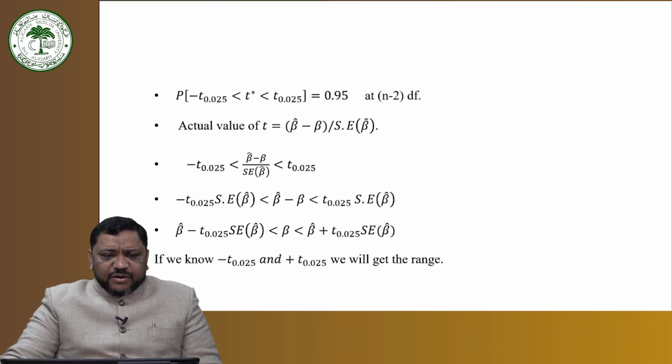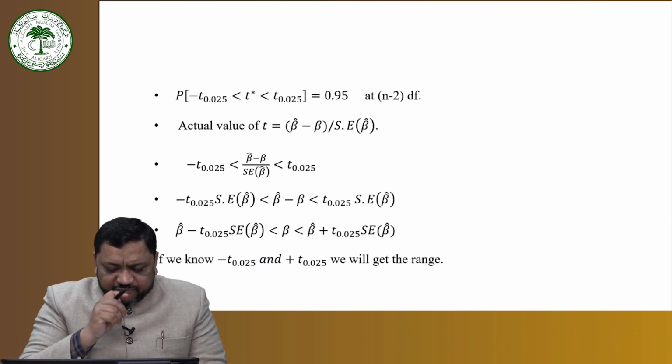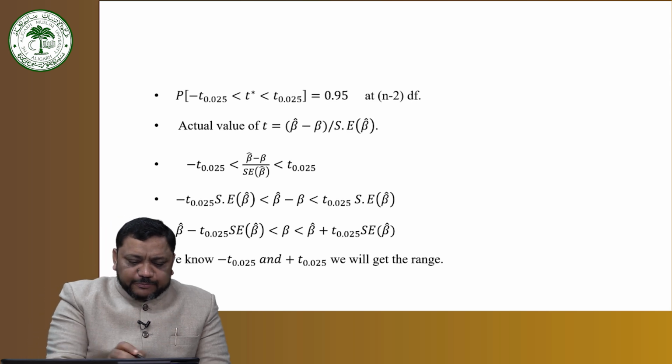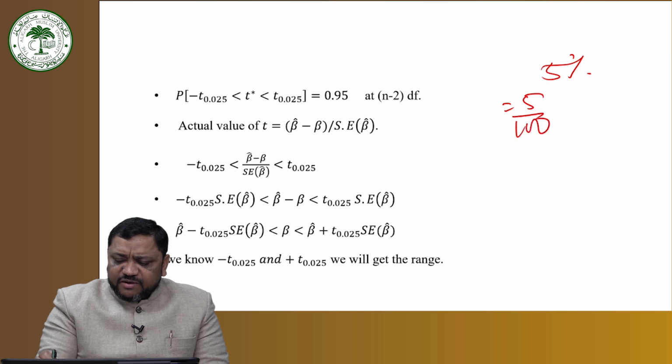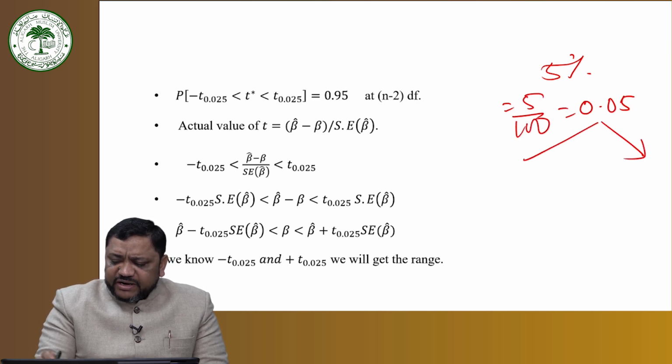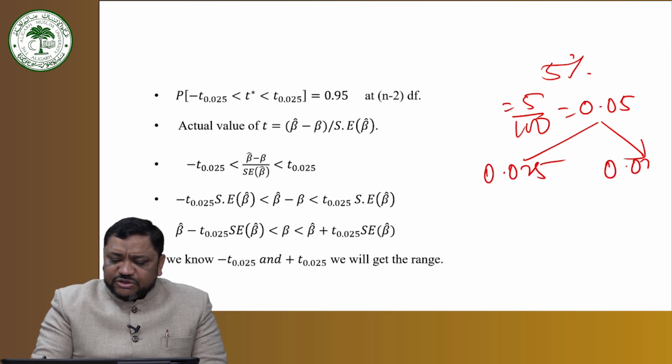Now we will go over the formulation of the confidence interval. 5% is equal to 5 divided by 100, that is 0.05. If it is a two-tail test, we divide it into two parts, so 0.025 and 0.025.